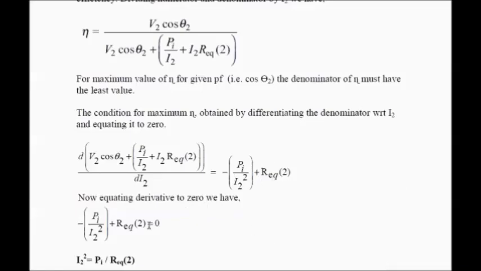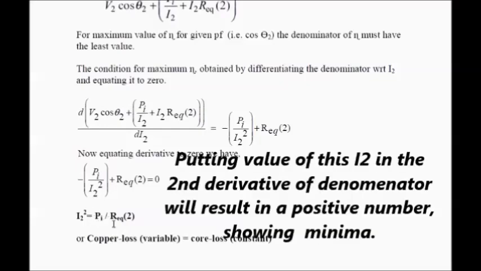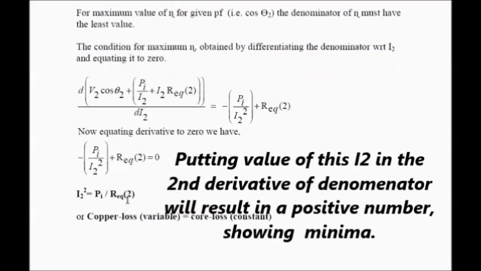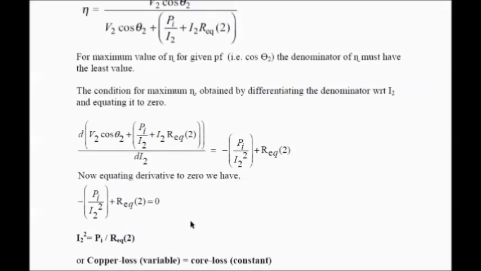So equating this derivative to 0, we will have this relation: minus of Pi upon I2 square plus R equivalent 2 is 0. So I2 square equals Pi upon R equivalent 2. Now see from this equation what we have. We have Pi equals I2 square R equivalent 2, and if I go back in this lecture, this I2 square R equivalent 2 is nothing but copper loss, and Pi is core loss.